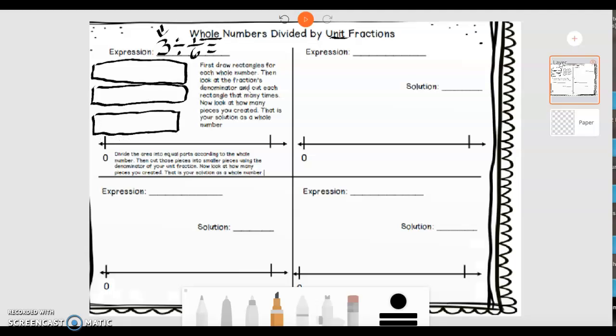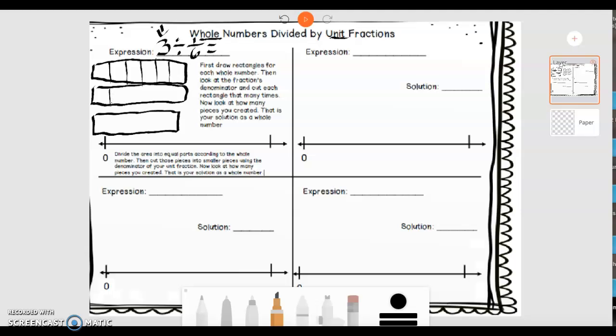Now it says cut each of the rectangles into this many parts, looking at the denominator. The denominator says 6, so each one of these rectangles has to have 6 equal parts. 1, 2, 3, 4, 5, and 6.